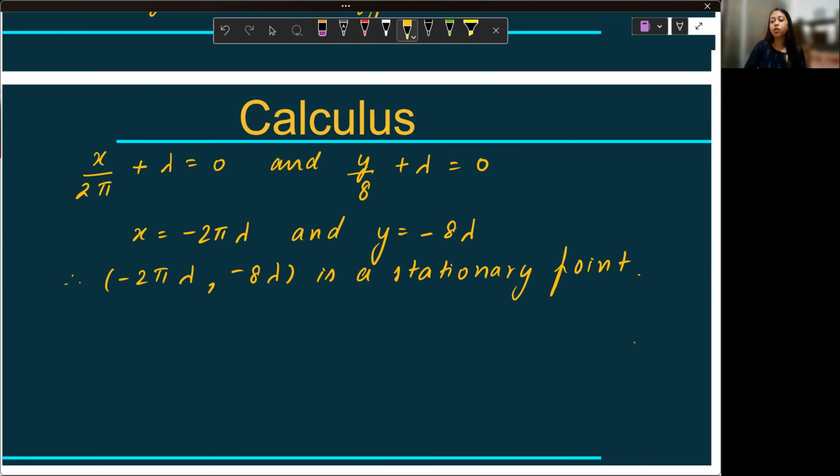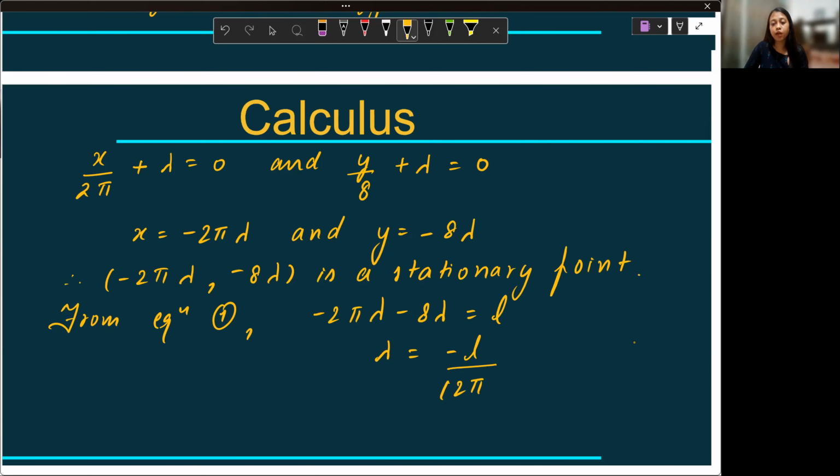From equation 1, I can find the value of lambda. So from equation 1, x plus y is equals to L. So lambda is minus L by 2 pi plus 8.